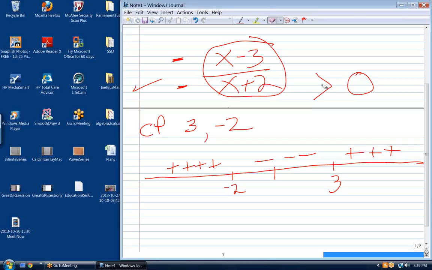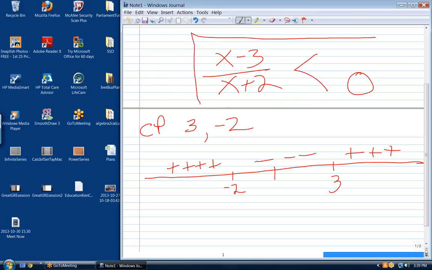Now, if I change the sign on that, then what is my solution set? If I make the problem less than 0, would your signs flip? No, this is the solution set now.